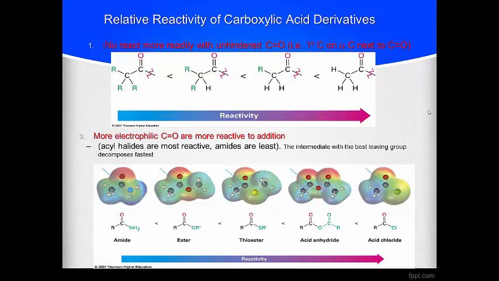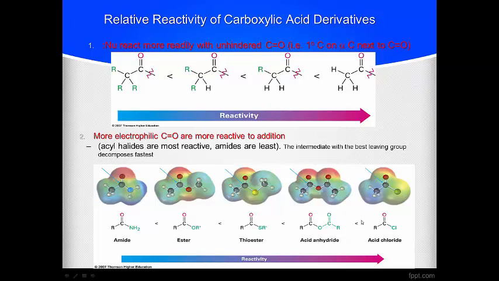So the more unhindered it is, the quicker the reaction will occur. Looking here, we have our carbonyl with the carbon and hydrogens coming off it, so there's quite a lot of room for a nucleophile to attack that carbonyl carbon. As we start increasing the bulk around that carbon that's attached to it, we have a decrease in our reactivity.